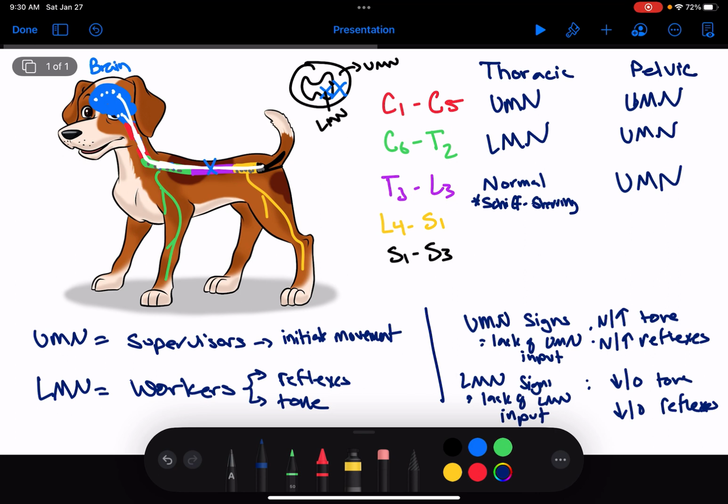These border cells live around that gray matter, and what's really weird is that they are living at L1 to L5, and their axons are traveling cranially to the thoracic limb to provide inhibition. So these are middle managers who are providing inhibitory signal to the thoracic limb, saying, I know upper motor neuron's telling you, but I'm running the schedule here, so I'm also going to be putting in some of this information. And so they also provide inhibitory signal to the thoracic limbs.